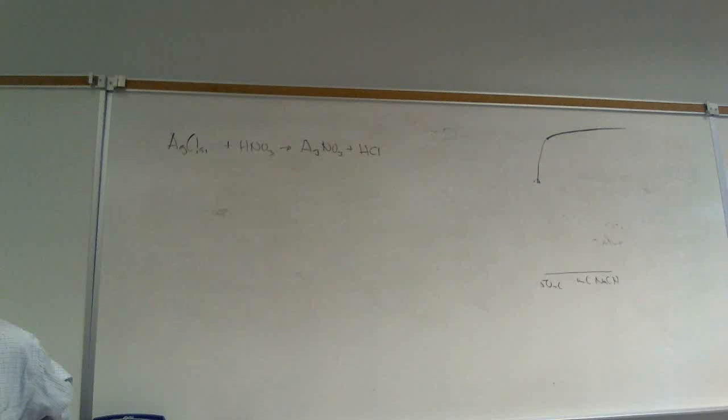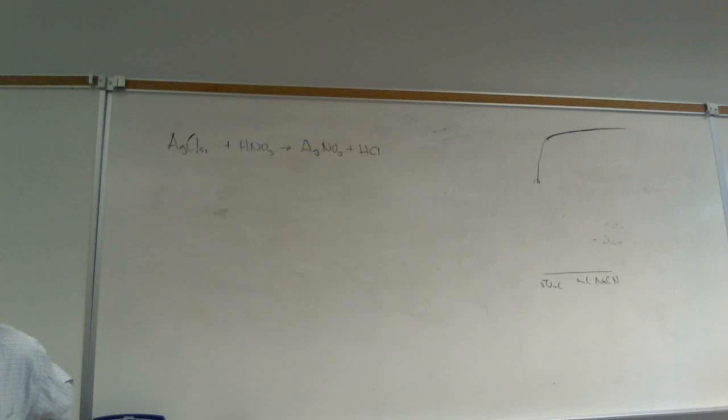So silver chloride is not soluble. It's not going to react with acid, right? Well, I should have been thinking, how can I make it more soluble? Or how can I get it to react with acid? Is there a way to get it to react with acid here? Could I get this to react with nitric acid? Yes. How? Add HCl as well?